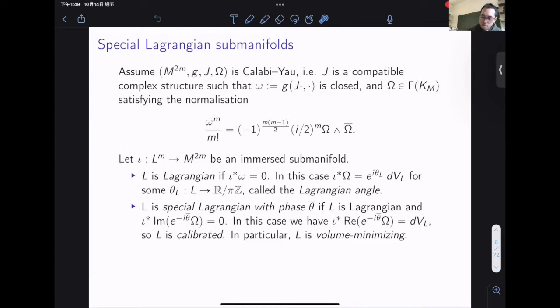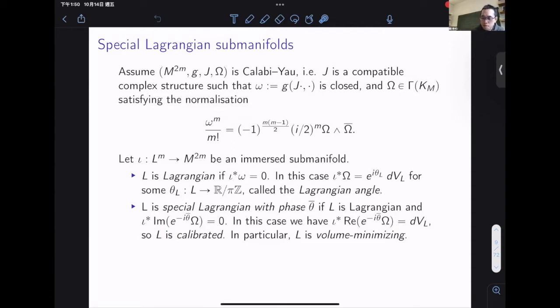And in this case, one can show that if we pull back the real part of this rotated capital Omega, then you will get the volume form of L. And so this property is called the calibrated property.